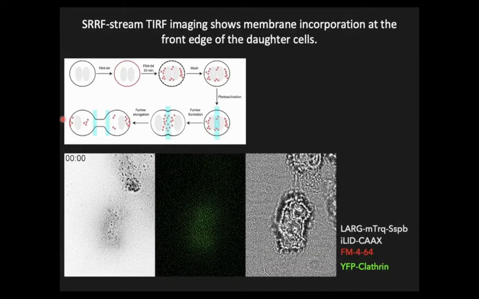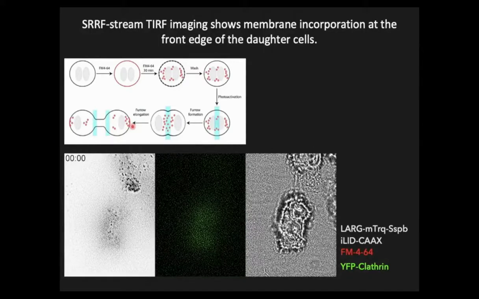If we look at the scheme, I incubate the cell with FM4-64, and after 30 minutes, it gets internalized and it stains internal vesicles. Then I wash it from the membrane, keeping just the vesicles containing FM4-64. If the newly incorporated membrane comes from endosomes, then the plasma membrane will stain again.